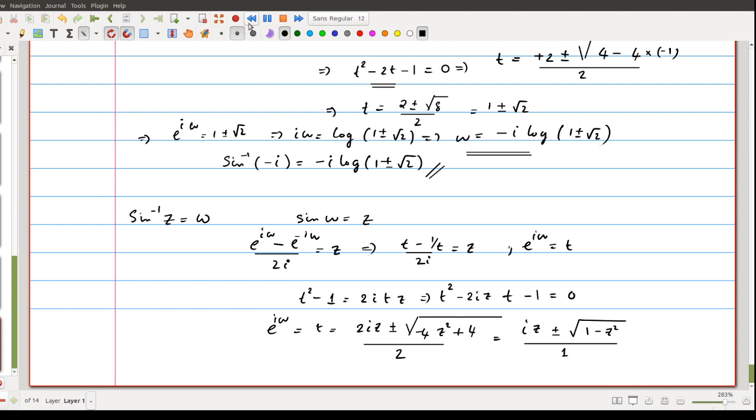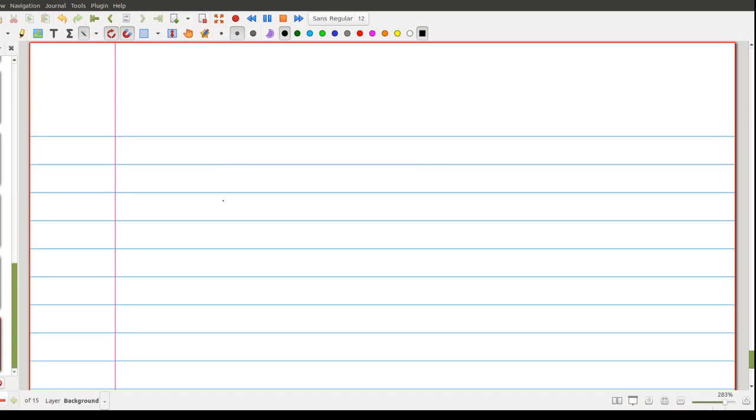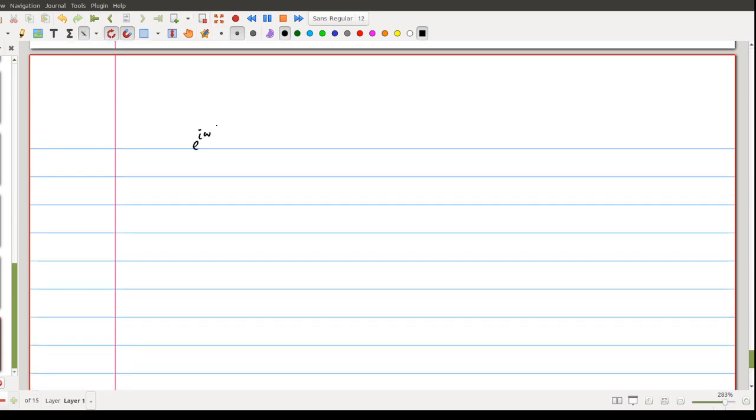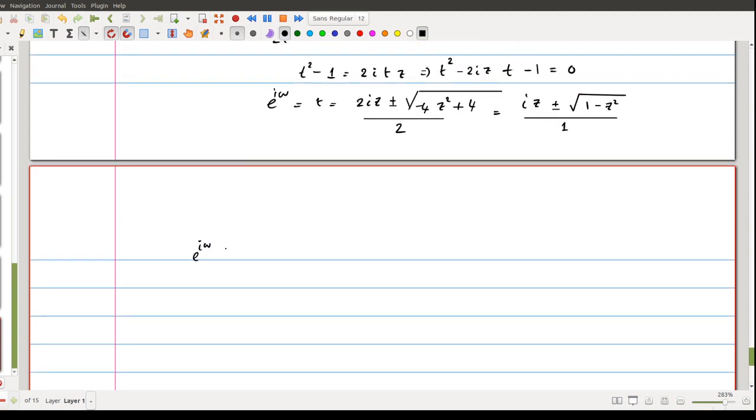Then from this equation we get the expression for omega. e raised to i omega is equal to iz plus or minus square root of 1 minus z square. Then i omega is equal to log of iz plus or minus square root of 1 minus z square.